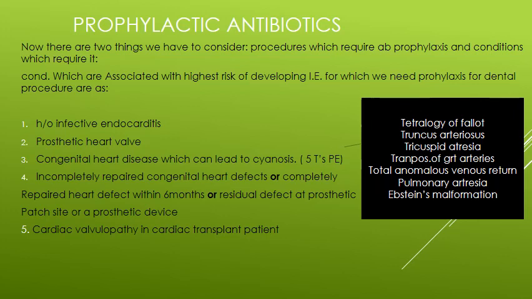If a person has a prosthetic cardiac valve, or prosthetic material is used for his cardiac valve repair, you will give that patient prophylactic antibiotic. So this is all about the conditions which require antibiotics before dental treatment.